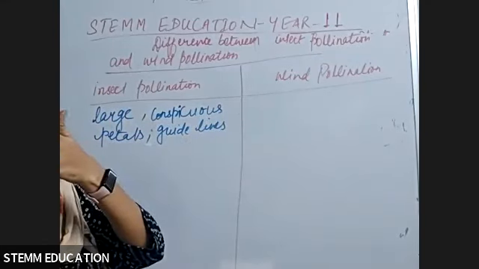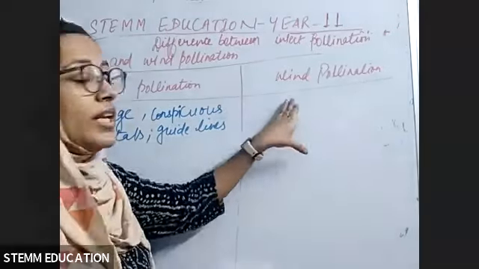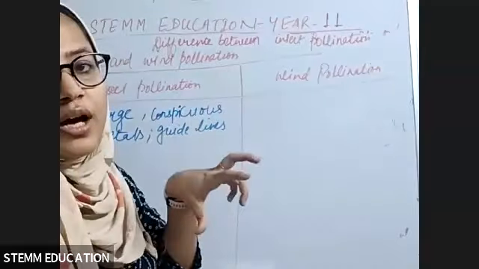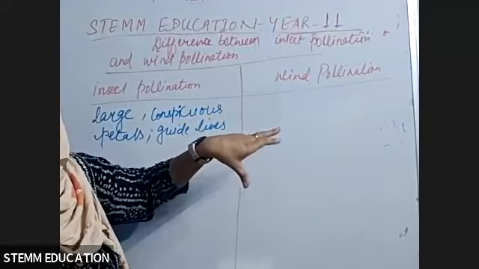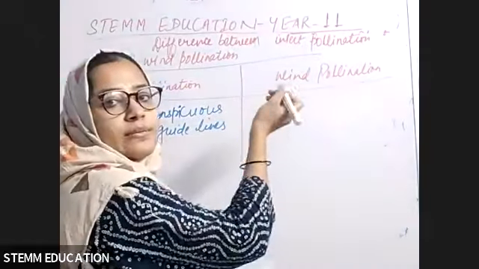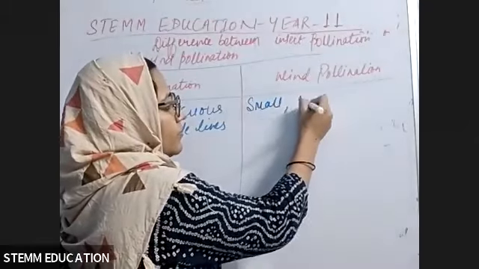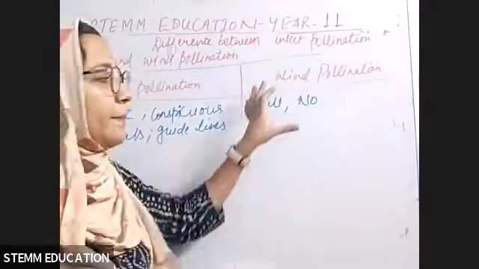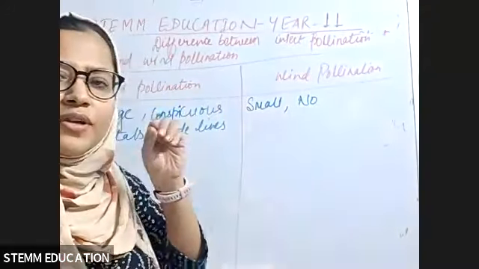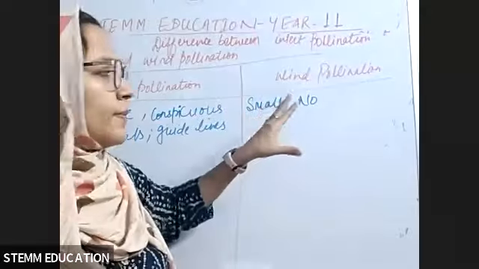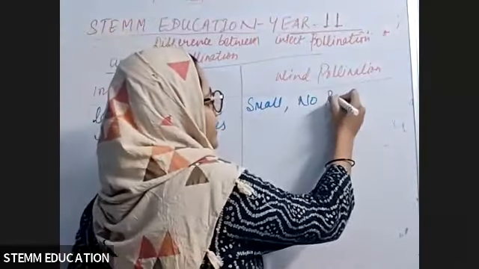Whereas wind pollination has small, lightweight pollen grains, and inconspicuous petals or no petals at all. Wind pollination happens in small flowers with very little pollen, very lightweight pollen grains, and no petals.